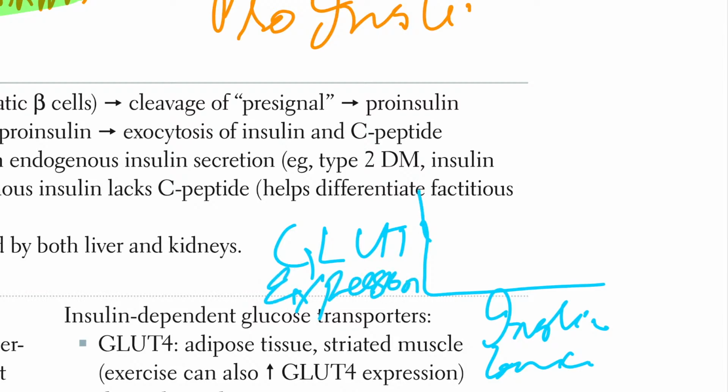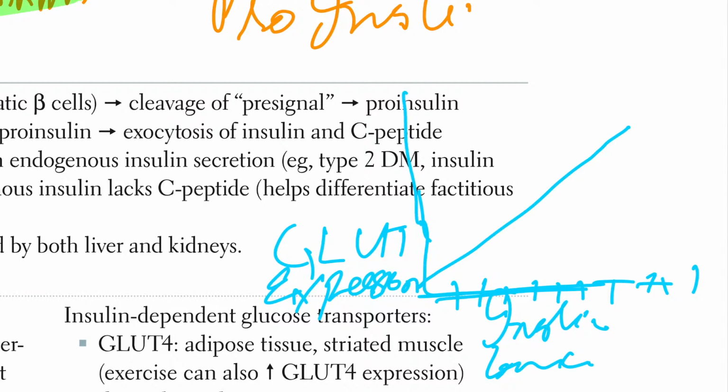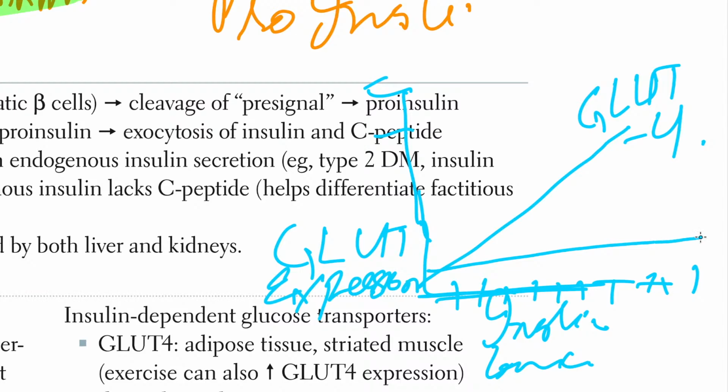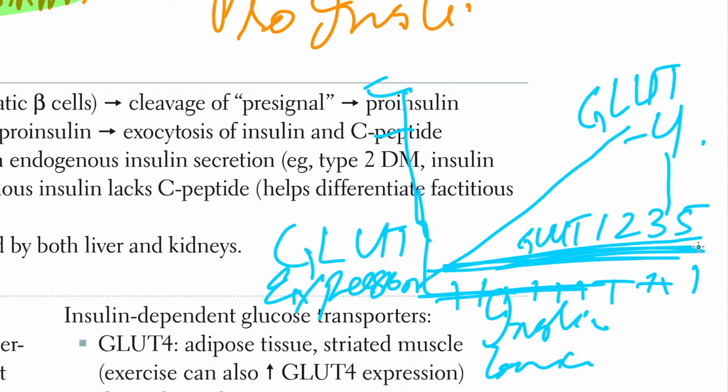As the insulin concentration goes higher and higher, your GLUT4 concentration goes higher and higher. GLUT4 specifically. But what is going to be constant? You guessed it right. That's going to be the insulin-independent GLUT transporters, which is all of the rest of the GLUTs. For example, GLUT 1, 2, 3, 5. Not the 4, the rest of them, right? So this is the sort of graph that you will see with insulin concentration.